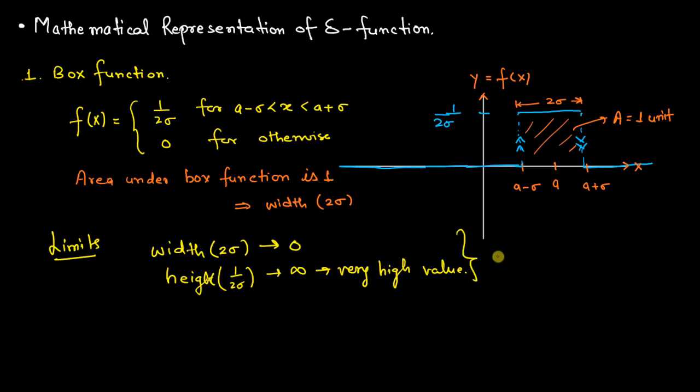And this happens because the area is 1 unit. So in this particular limit, when the width goes to 0 or the height goes to infinity, this box function is similar to the delta function.